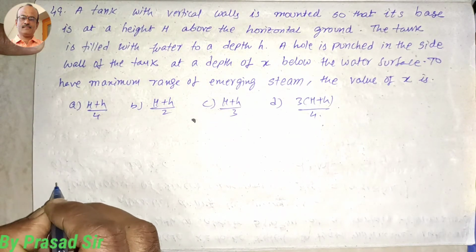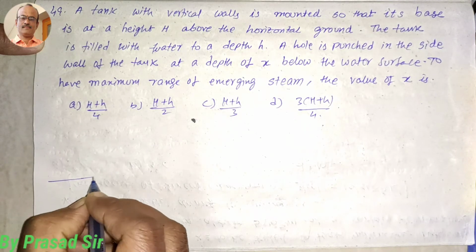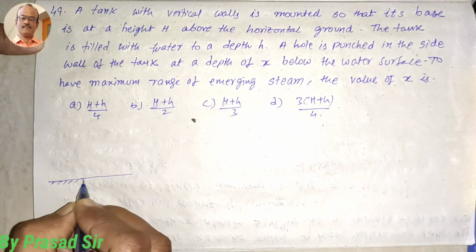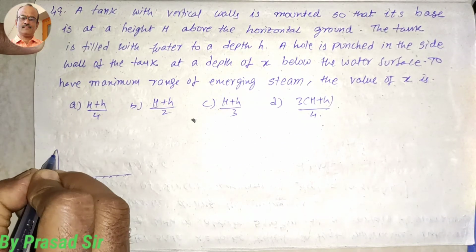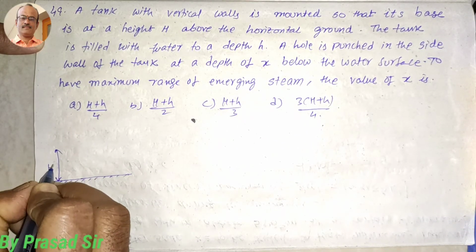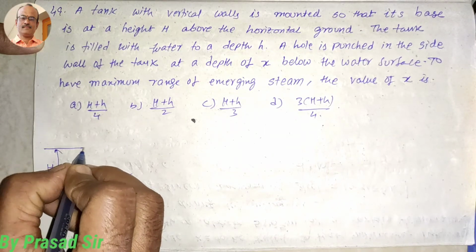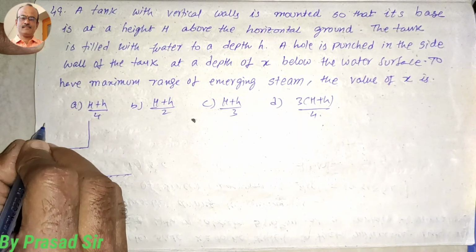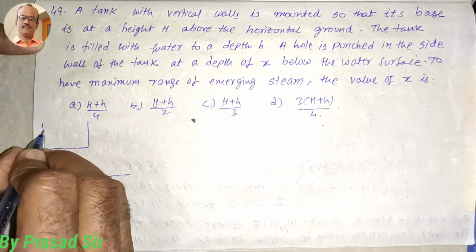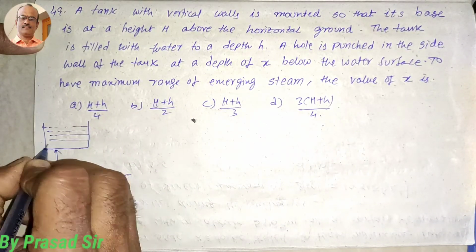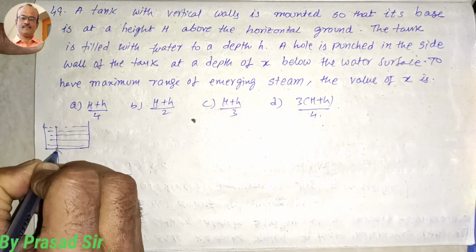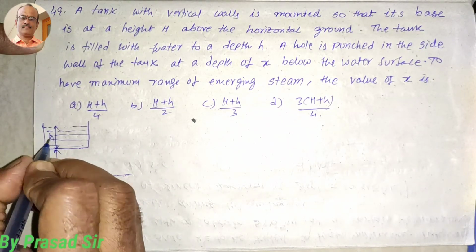So first of all, here it is the horizontal ground. From the horizontal ground at a height capital H, there will be one water tank. This water tank is filled with the water to a height of h.